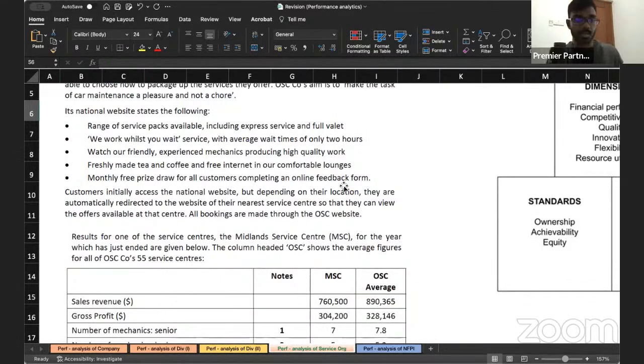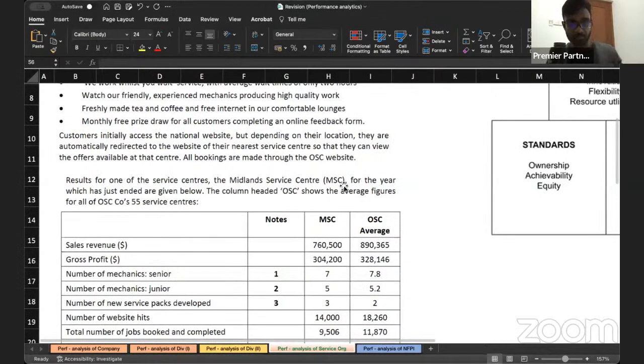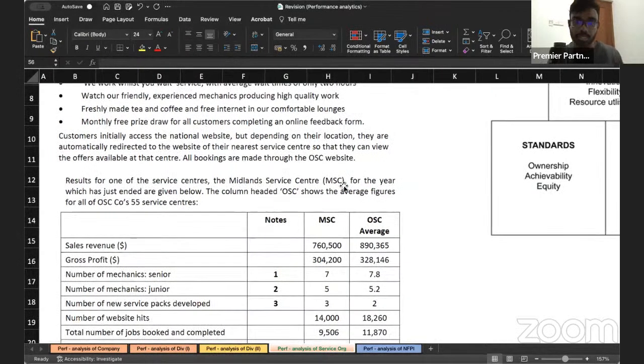Okay. Customers initially access the national website. Depending on their location, they are automatically redirected to the website of their nearest service center. Okay. Because some websites ask you, like, is it okay to track your location? So this website does something like that. They have one big website, national website, right?